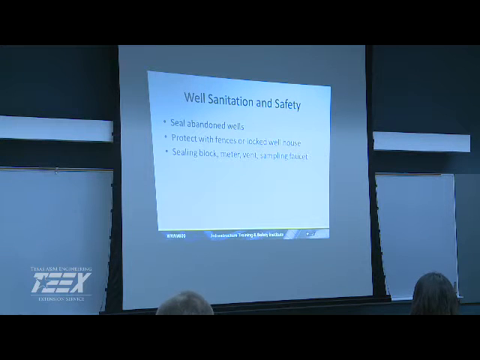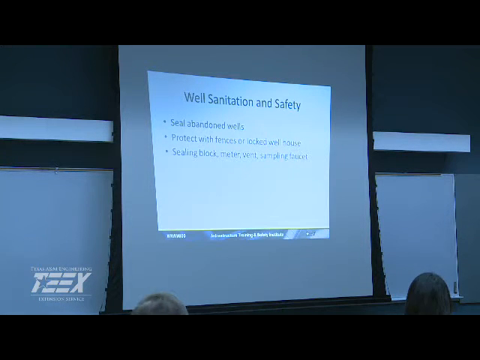So as an industry, we have to make sure that we really look at how we protect our sources. You've got to have a sealing block. Start looking at some of the components of it. Need to know how much we're sending. You have a meter on it. You've got to know how much you're pulling out. Need to have proper venting for your casing and all. And then you've got to have a way to test it. It's best to test it close to your wellhead. That way you don't have to worry about any other potential contaminants.